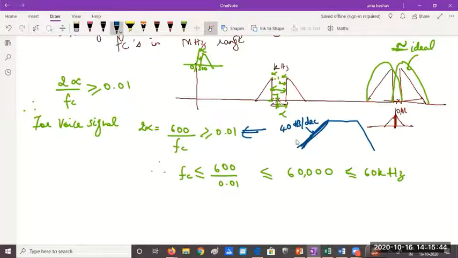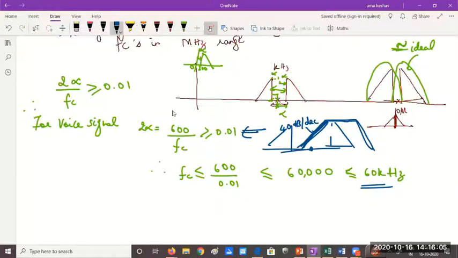So with such a filter, it is possible to filter one given sideband and eliminate the other sideband here when the gap is around 600 hertz if the carrier frequency is less than 60K.